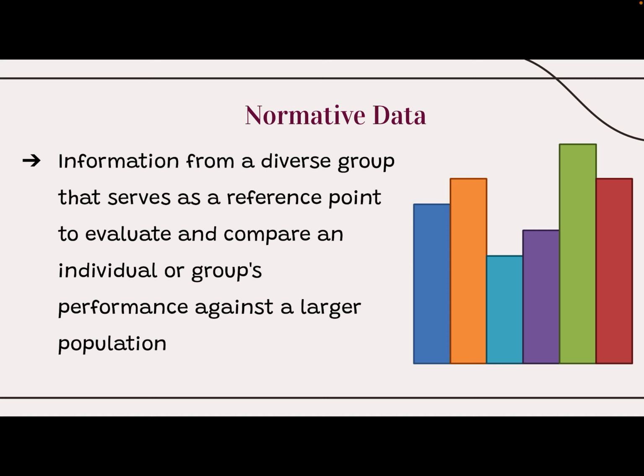If a student's reading RIT score is 245, and that's represented in our green bar, they performed above the norm, while any RIT scores below a 238 would indicate performance below the norm. For example, our blue and purple bars would represent students who scored below the norm.